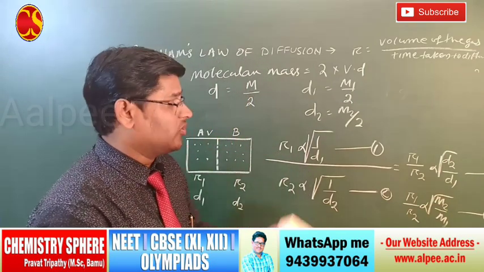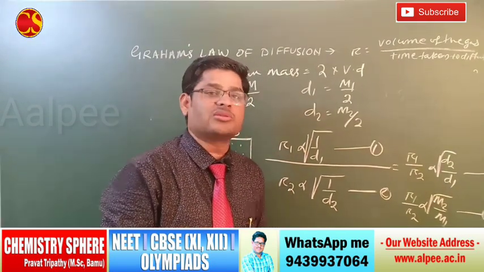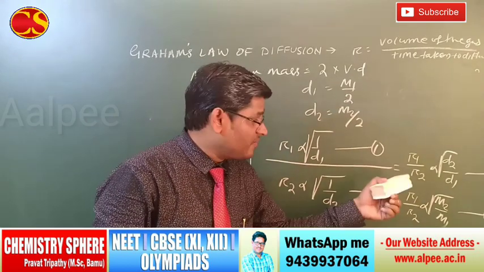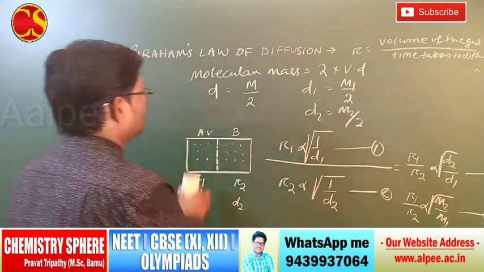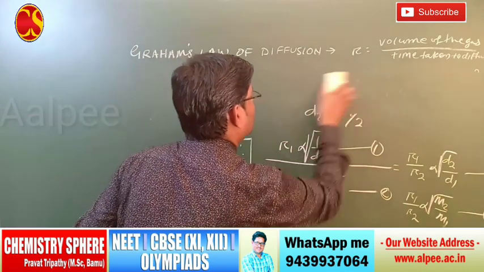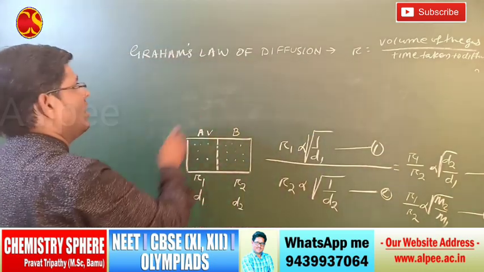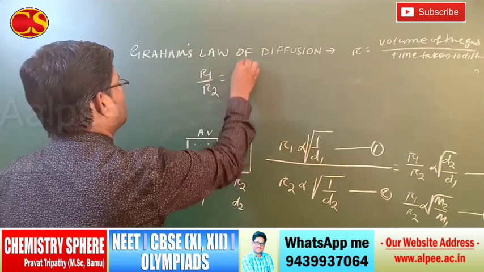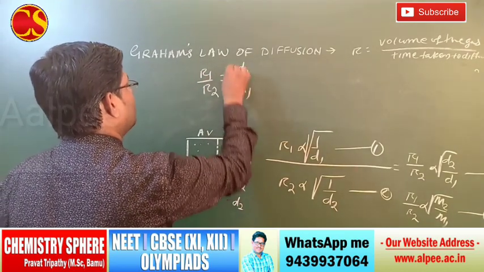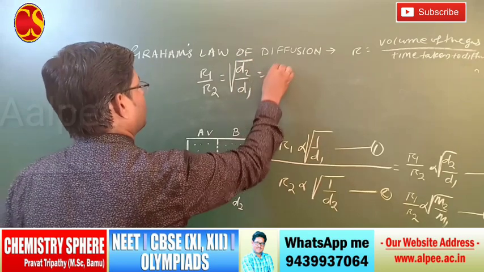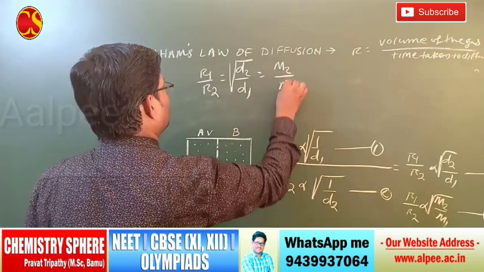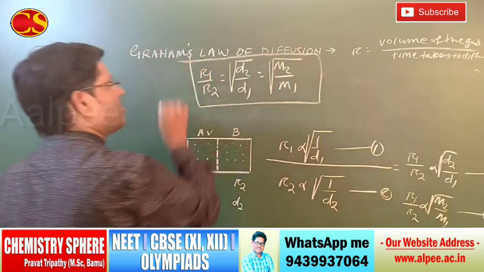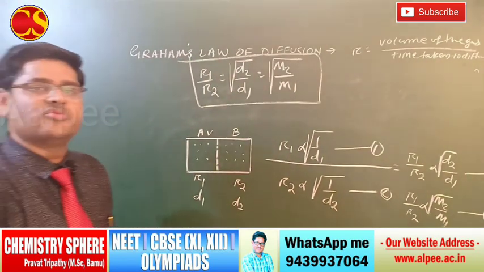You can put this formula in various numericals to get the values of different parameters. The final Graham's law of diffusion equation is R1 by R2 equal to root of D2 by D1 equal to root of M2 by M1. This is your final equation of Graham's law of diffusion.